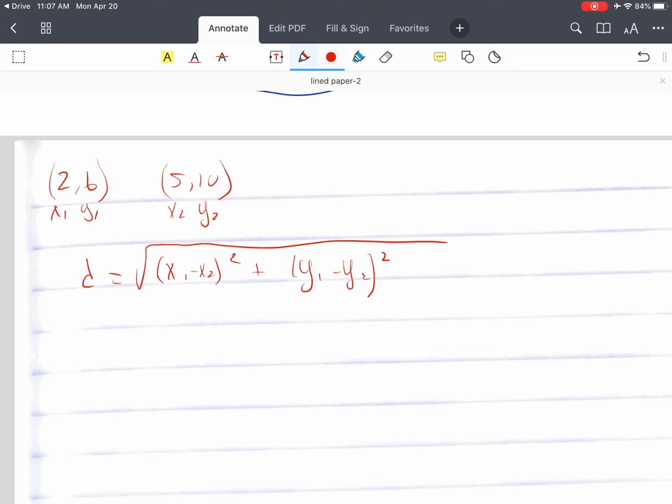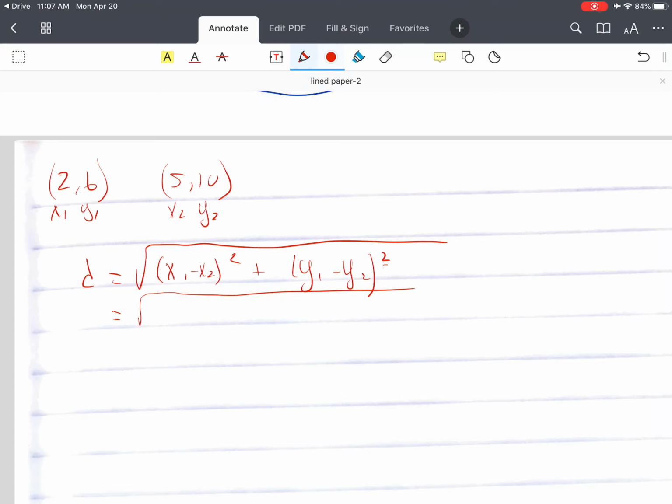If you're wondering why I switch between y2 and y1, it doesn't matter. Because since you're squaring it, you're still going to get the same number back. If that makes any sense.